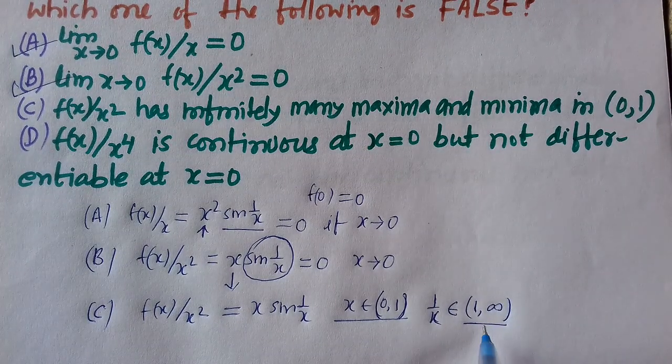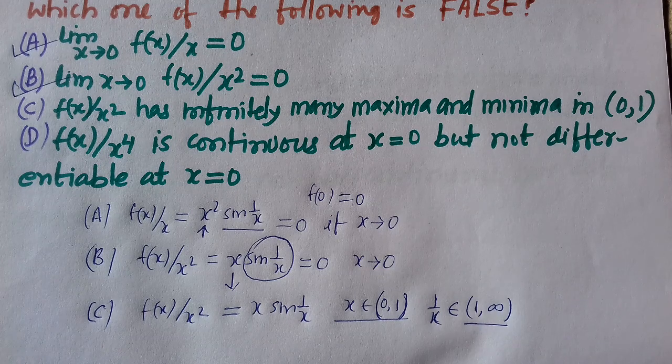So we know that sin x goes from 0 to 1 if x goes from 0 to pi by 2, which means 3.14 by 2, 1.57.